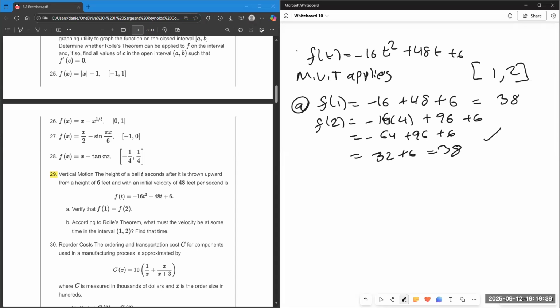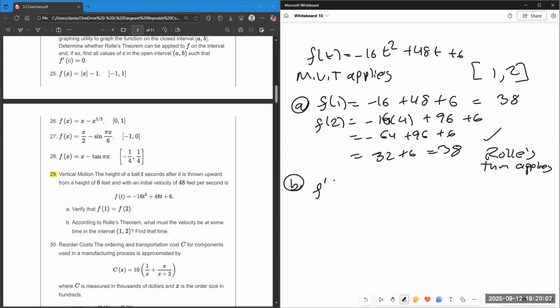And so, yep, they have the same y value, so the average rate of change is 0. So Rolle's theorem applies. For part B, let's find the c value that's between 1 and 2 that's guaranteed by Rolle's theorem.